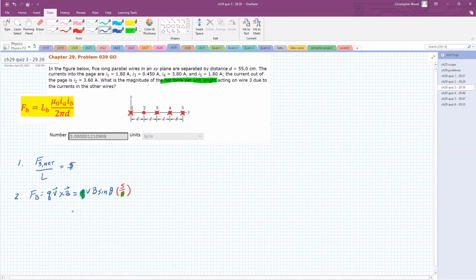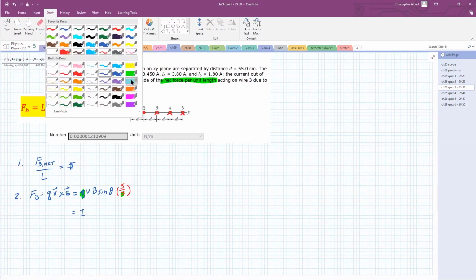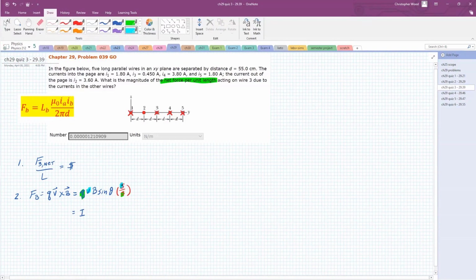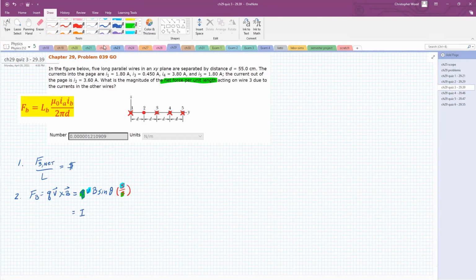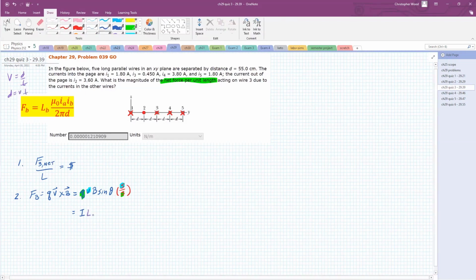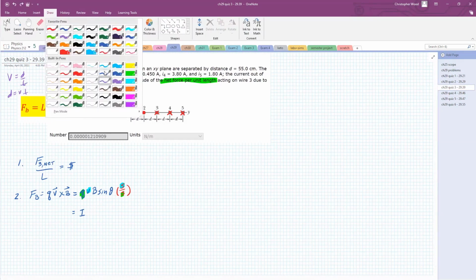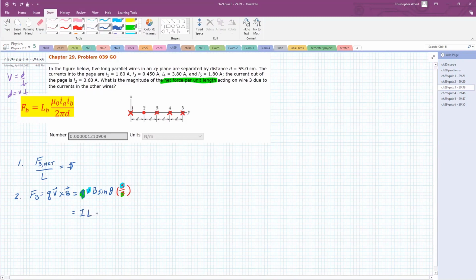So this is how I get I, because charge per second is current. And then velocity times time is distance, because the basic definition of velocity is distance over time. So distance equals velocity times time. So it's I times L times B sine theta. IL B sine theta.